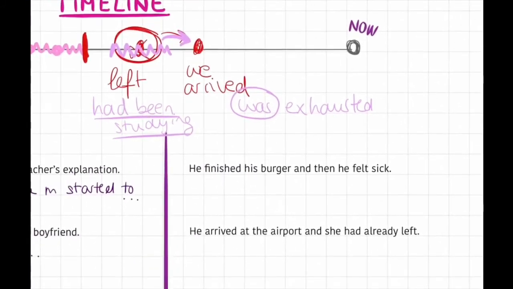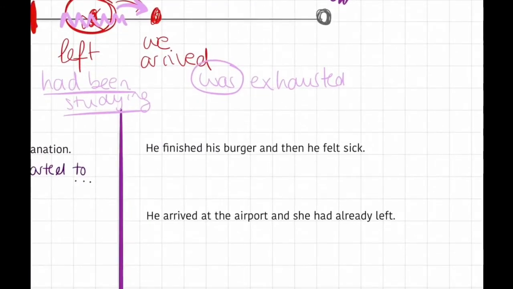Okay, let's see it in an example. He finished his burger and then he felt sick. So, what happened first would be that he finished his burger. And after that, he felt sick. So, those are two actions in the past.